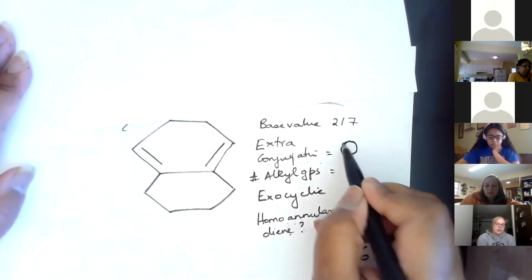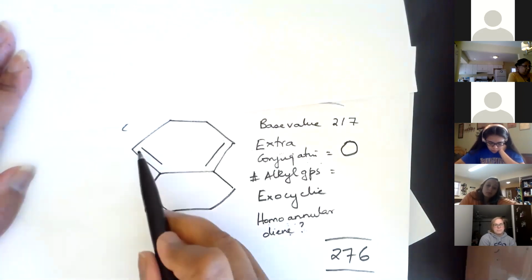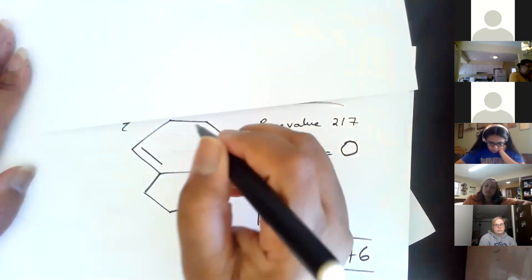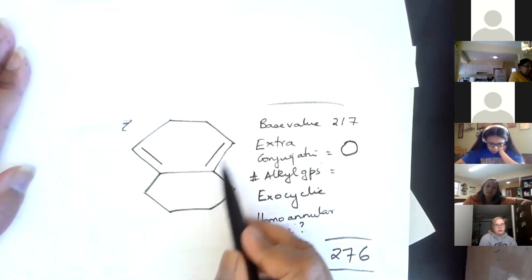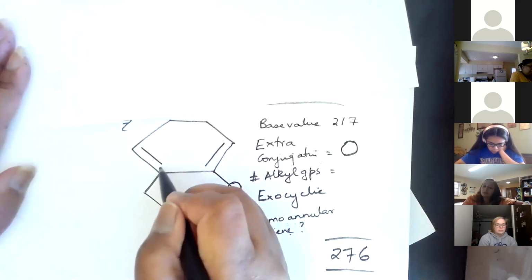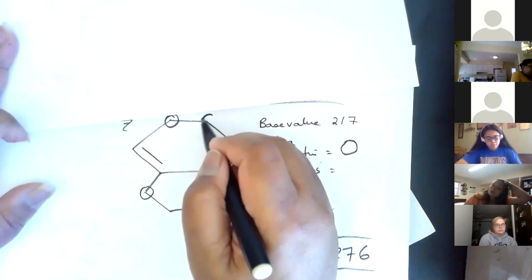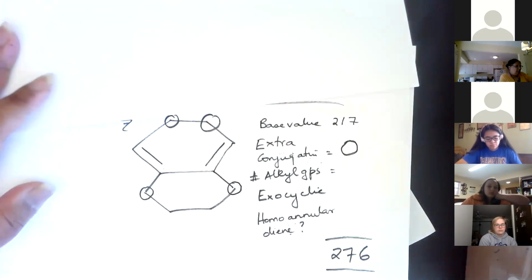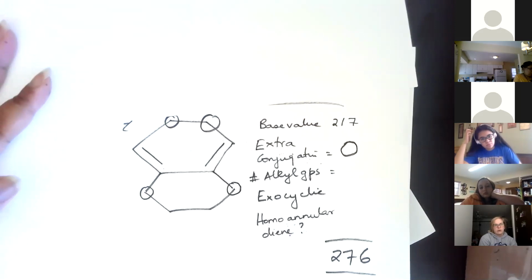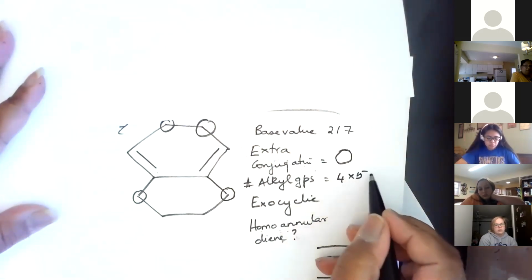Extra conjugation, none, because there's only the 2. Number of alkyl groups, let's start counting. These are your sp2. How many sp3 carbons coming from the sp2? 2, 3, 4. Did I miss anything? I don't think so. So 4 times 5 is 20.